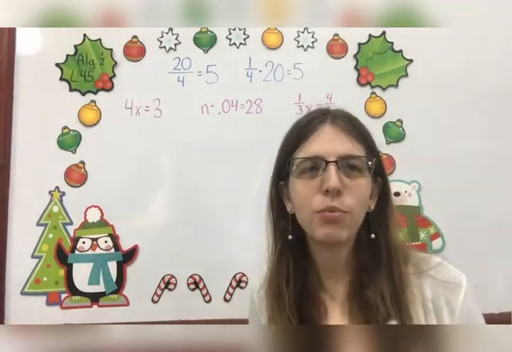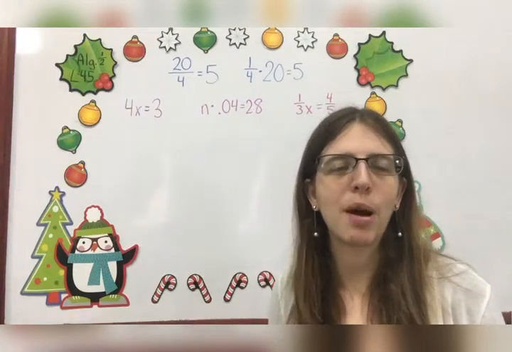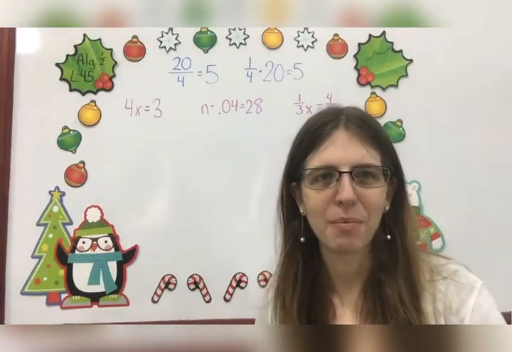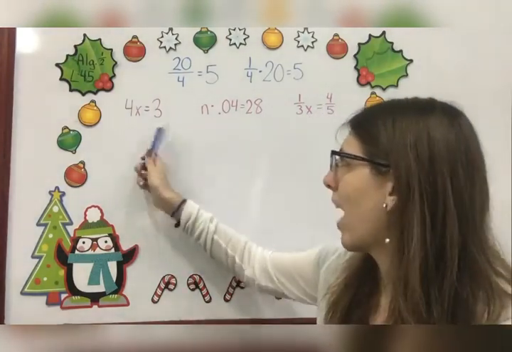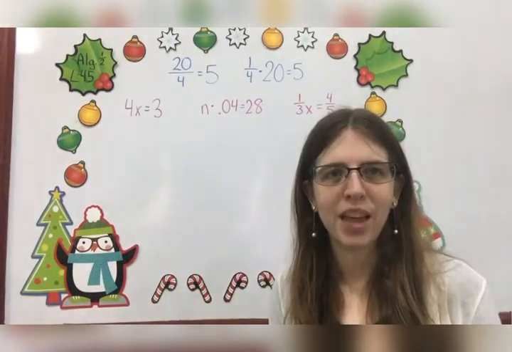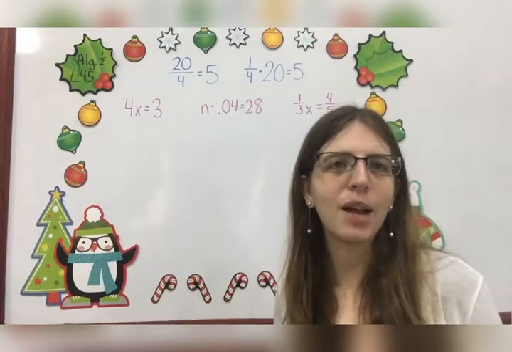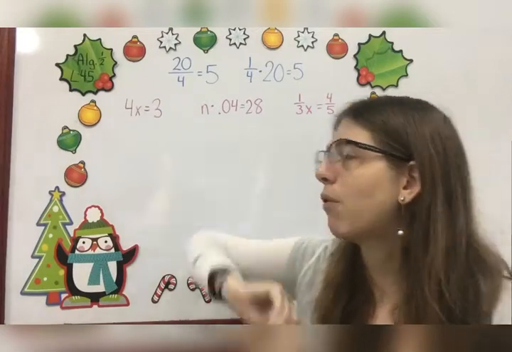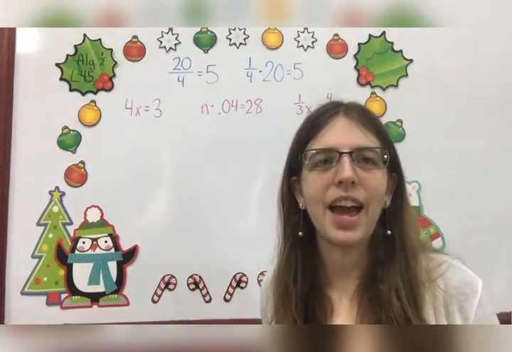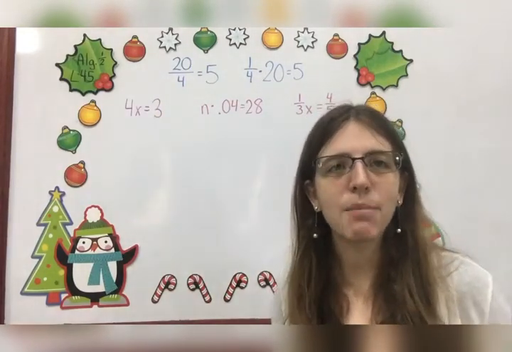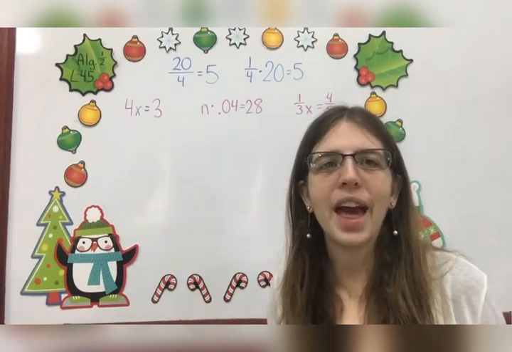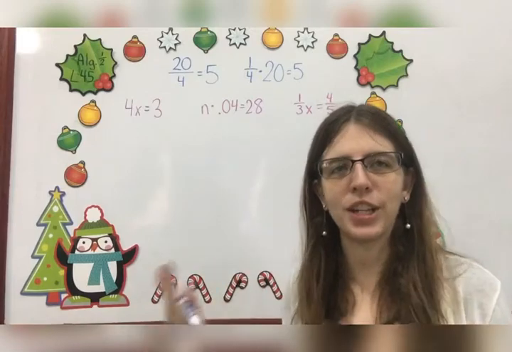This is something that you really learned before you learned about multiplying by the reciprocal, when you were in 6th grade math and basic math. So I have 4x equals 3. To get rid of that 4, last time we talked about how you would multiply by the reciprocal of 4, multiply both sides by 1/4. But today we're seeing that that's the same as dividing by 4. So we can use that rule interchangeably, whichever way is easiest in that particular equation.